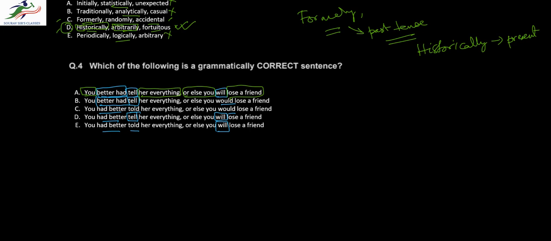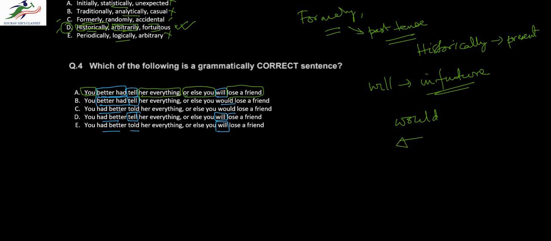So we have to choose a sentence which has the right connect between the blue highlighted words. First let us understand the difference between will and would. When I say will, it means something that will happen in the future, and when I say would, it means something that had happened in the past.